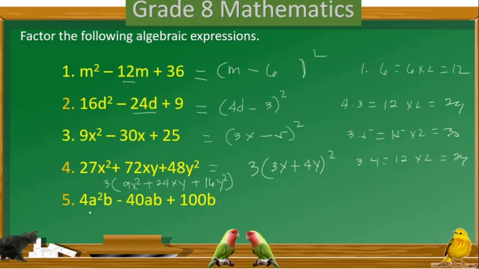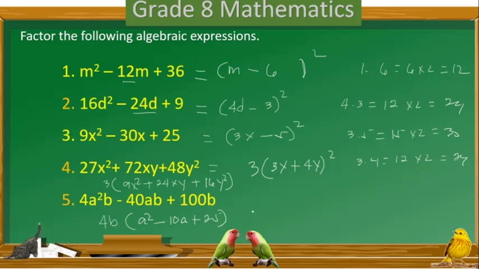You see, the factor for 4, 40, and 100 is 4. Okay, what are the common variables? b. Okay, that is our divisor now. So 4a squared b divided by 4b, that is a squared. Then for 40, that is 10a. Then plus 100 divided by 4, that is 25.